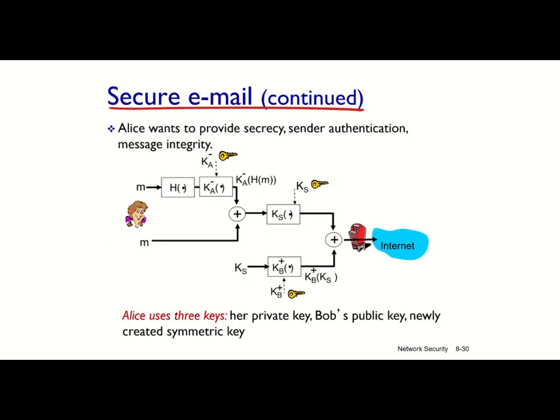So if you combine the two previous ideas, you see that Alice uses 3 keys in the process of sending an email. One is her own private key, the other is Bob's public key, and then the last one is the newly created symmetric key KS.